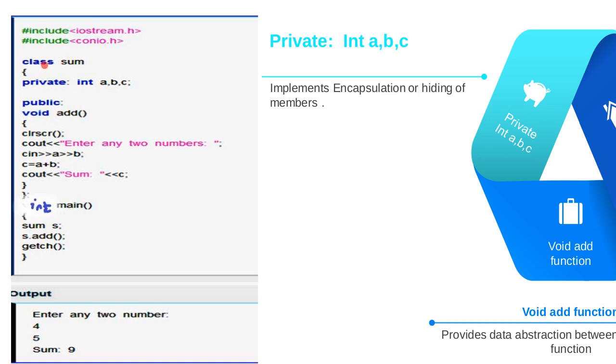Like now, in this class called sum, we have our class members, and the class members include A, B, C. To be clearer, these are just variables. These variables A, B, C have been declared in the private access specifier of class sum.